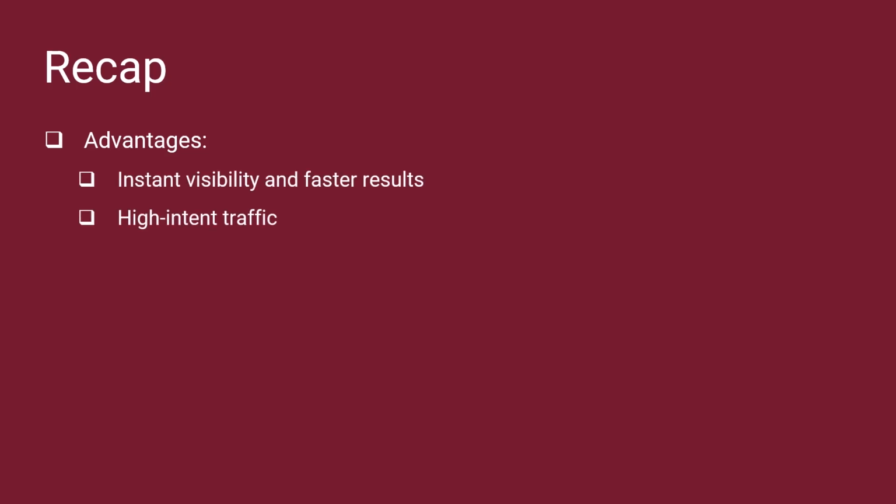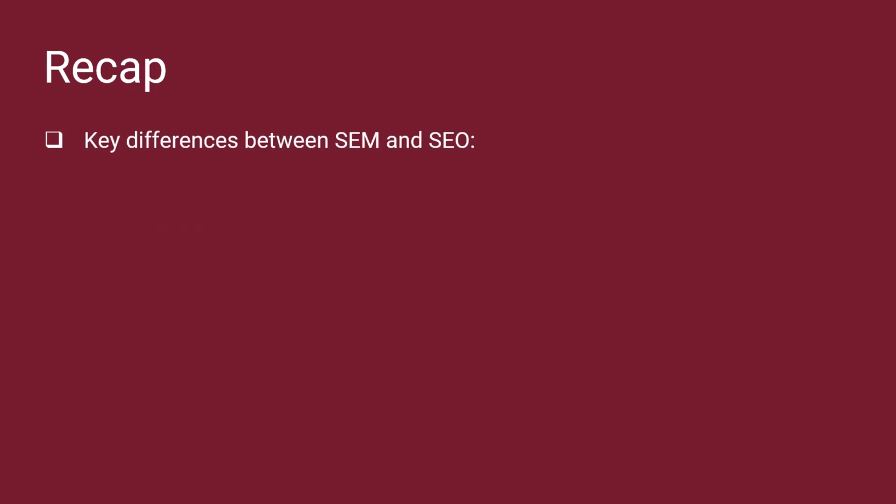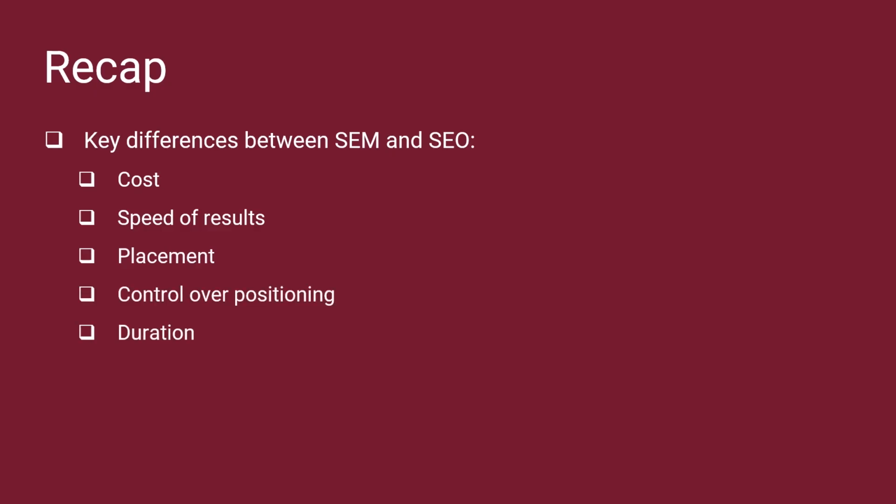SEM is essential in digital advertising as it offers crucial advantages, including instant visibility and faster results, high-intent traffic, ability to target precise locations, measurable performance, and ROI tracking and competitive advantage. The key differences between SEM and SEO are cost, speed of results, placement, control over positioning, duration, and type of impact.